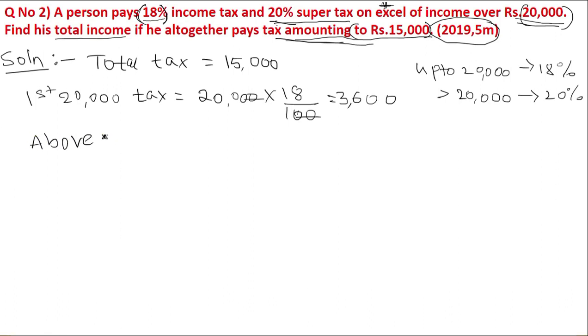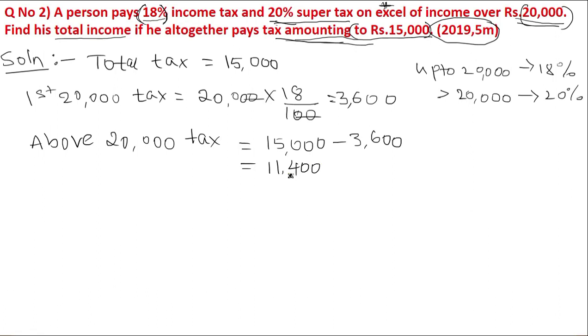So remaining how much? Above 20,000, tax. So it is 15,000 minus 3,600, which is 11,400.